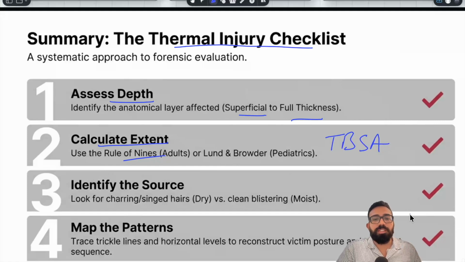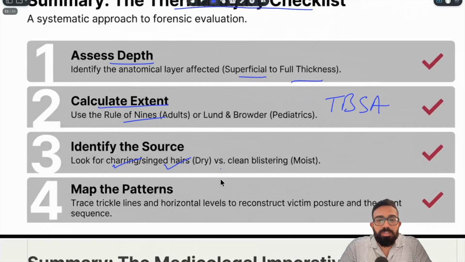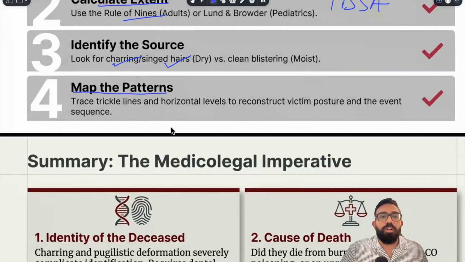Then you look for other things like charring, singeing of hair, or blistering. Then you identify the source of the burn, whether it is a dry burn or a moist burn or scald. Finally, you map all the patterns, reconstruct everything, and give your best reconstruction to the authorities.